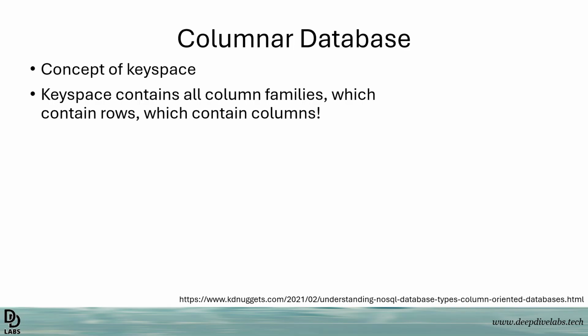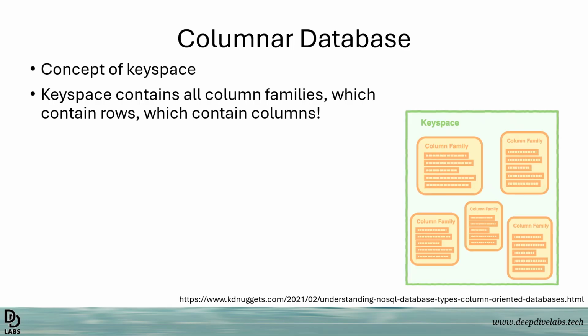Although it does seem like a tongue twister to start off with, let's take a visual example of it. In a columnar database, the columns are stored through column families, and the set of all column families is called the keyspace.